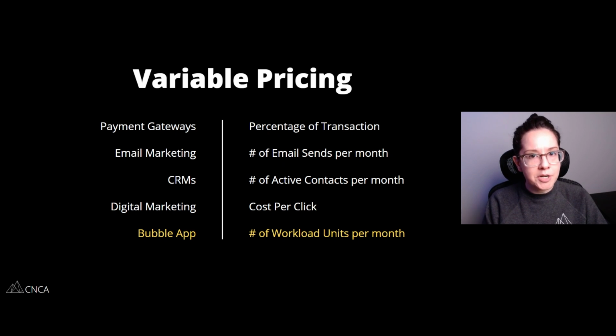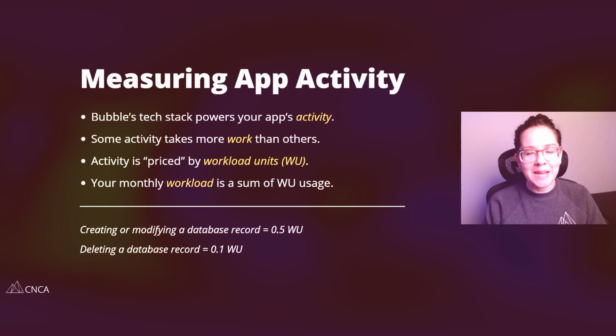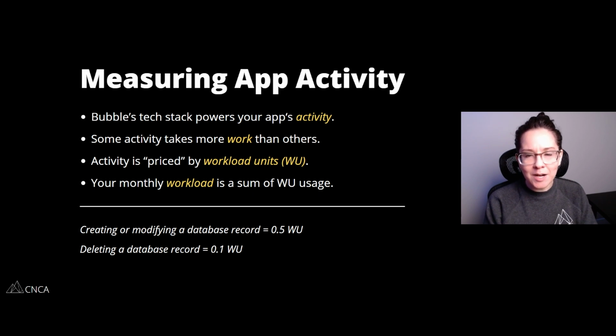Now, their unit of measurement is called the workload unit, and this contributes to your overall workload, right? And this is also measured on a monthly basis. Now, put simply, Bubble's tech stack behind the scenes, the servers, the processing power, all the resources, is responsible for powering your app's activity.